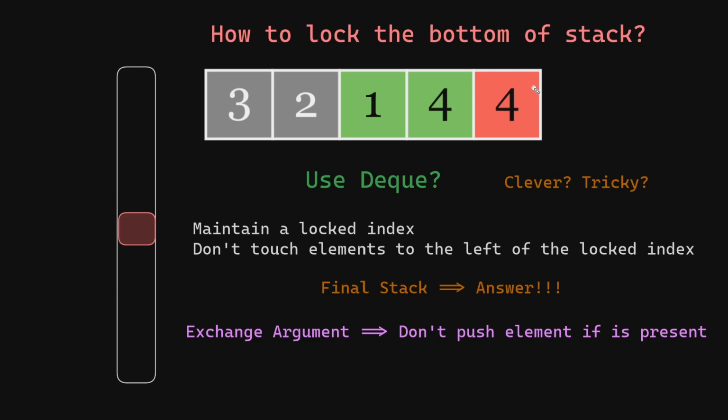From the exchange argument, you already know that the stack will contain at most one copy of each element because we are only storing the realistic candidates. Then when you arrive at a red index, you know that you cannot move on to the next element before taking one copy of this element. And suppose that copy is buried deep in the stack, suppose it is here.